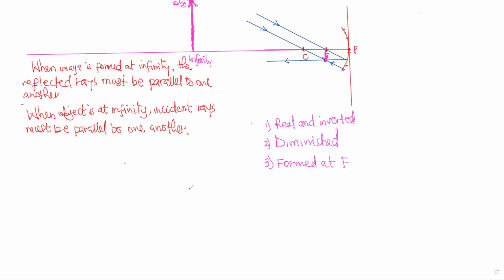It's just the opposite of when the object is at F. When the object is at F, we saw that the image will be formed at infinity. The image is real, and real images are inverted.